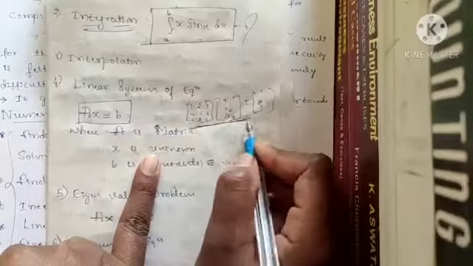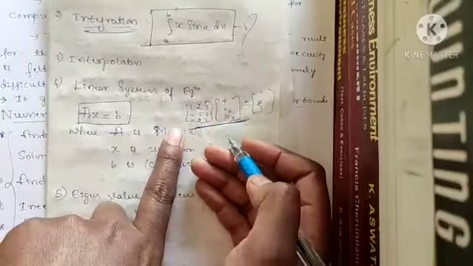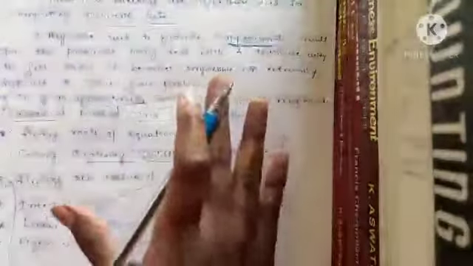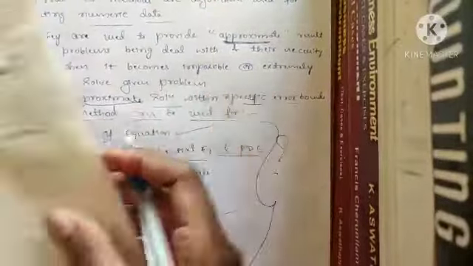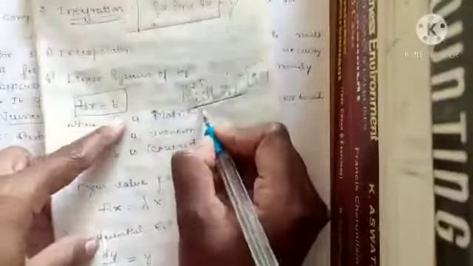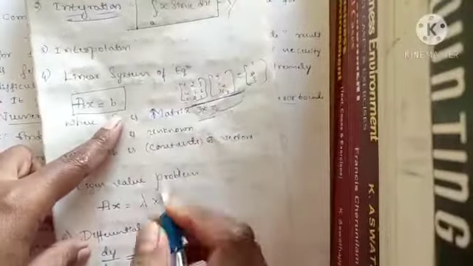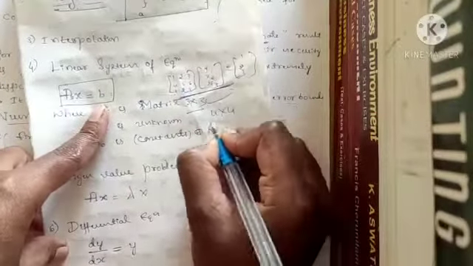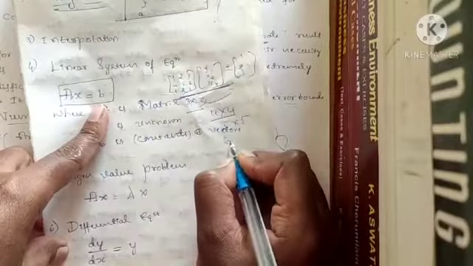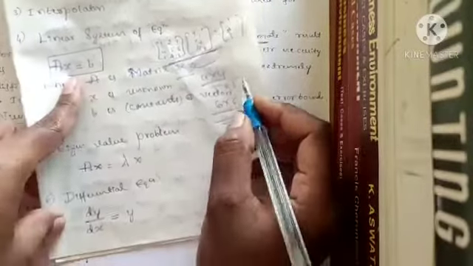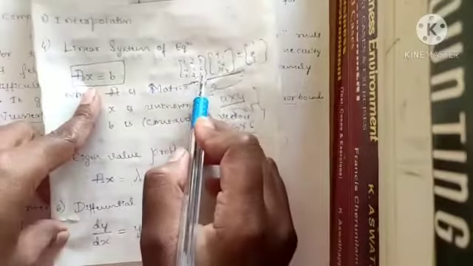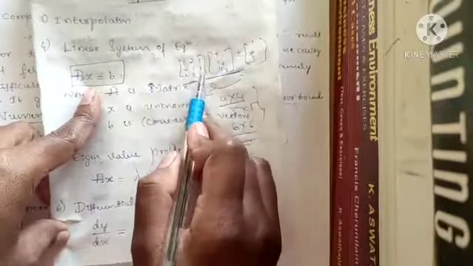Okay, this you know by simple direct methods, isn't it? But why do we introduce it in numerical methods? If they have given you a 3 cross 3 matrix, you can do it by a simple way. Then if they have given you 4 cross 4, 5 cross 5, 6 cross 6, as the order increases, it is very difficult to do practically.